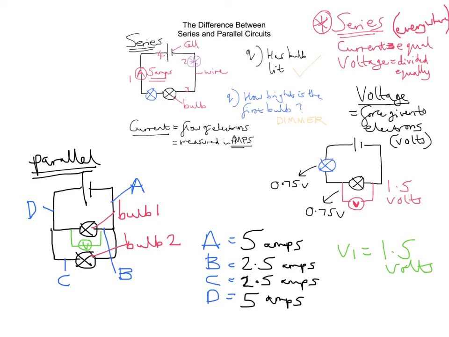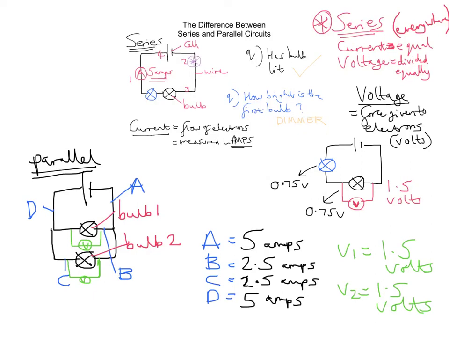If we were to move that and put it across the second bulb in this, so that was the one in the sort of second loop around bulb 2, what we'd see is that V2 is also 1.5 volts.